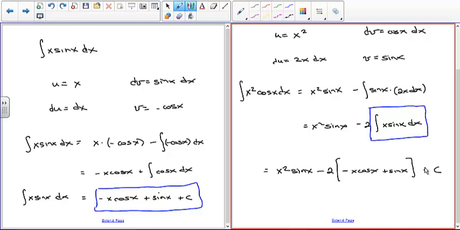And then finally you would go ahead and multiply the negative 2 out amongst the 2 terms. So the final answer is going to be x squared sine x plus 2x cosine x minus 2 sine x plus c. So that's the integral of x squared cosine x dx.